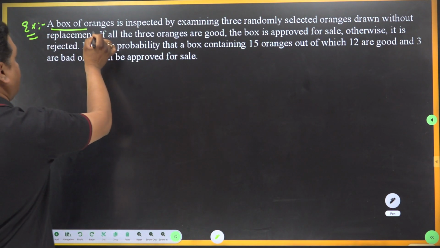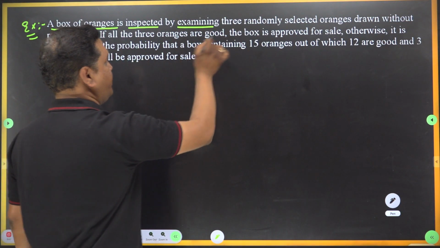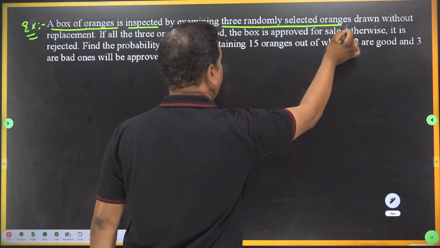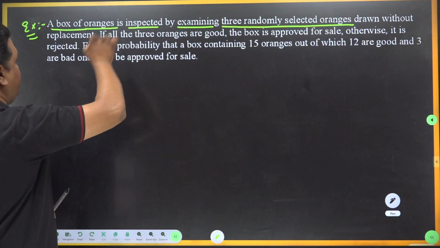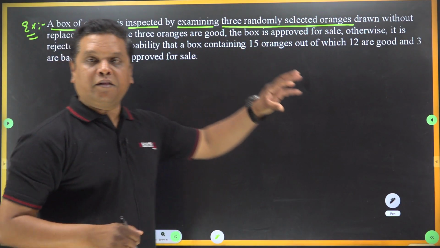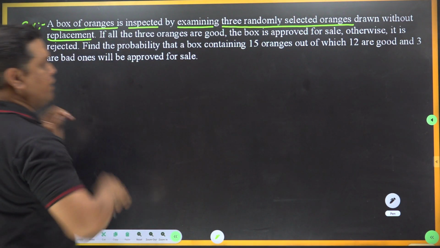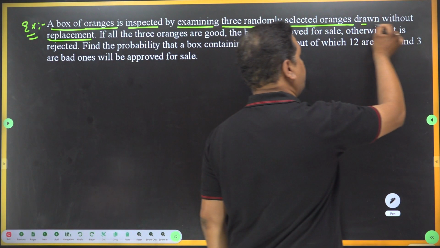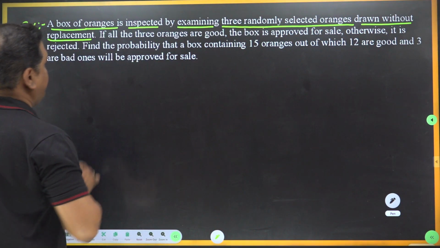Okay, a box of oranges is inspected by examining 3 randomly selected oranges. So from the one box you are selecting 3 oranges without replacement. That means whatever orange you select, don't put it back.